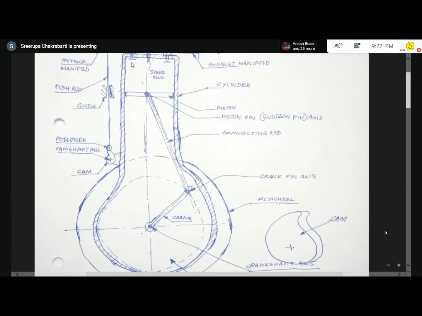But when the piston goes to the TDC, the pressure is not maximum. The pressure becomes maximum when the piston, after reaching the top dead center, comes slightly down. Why?